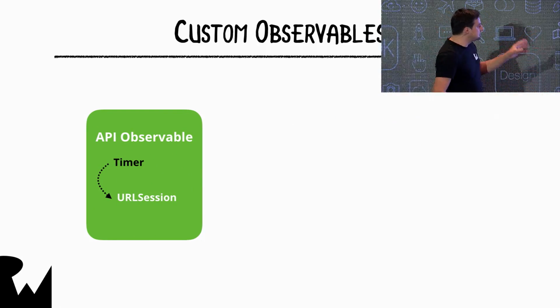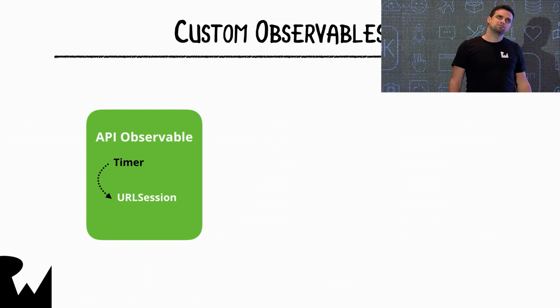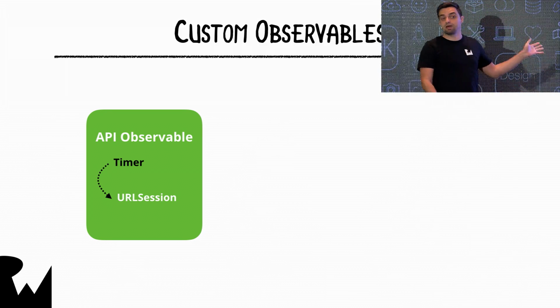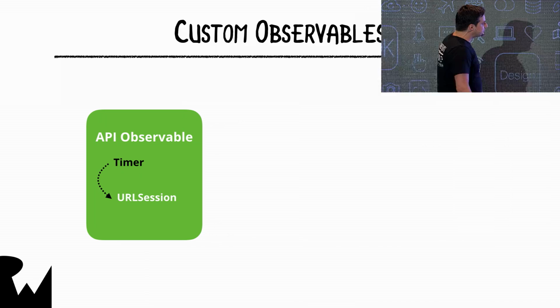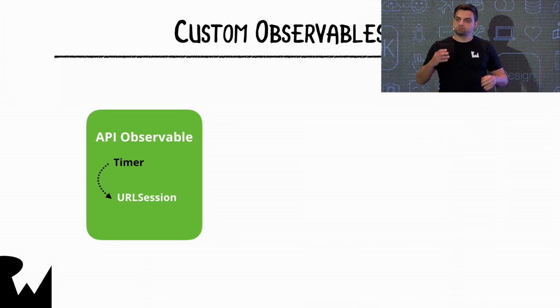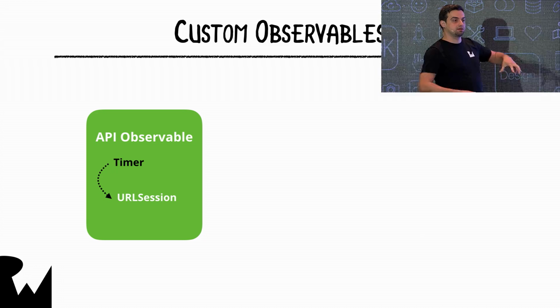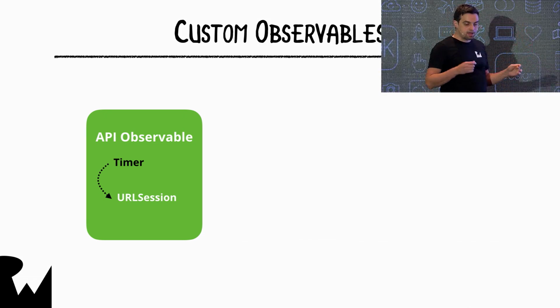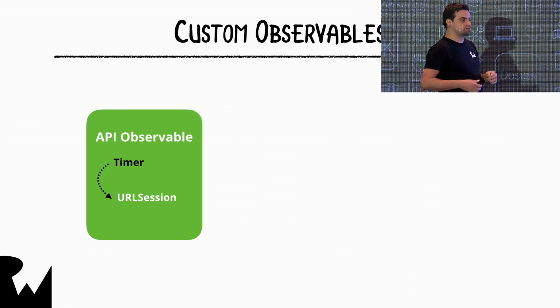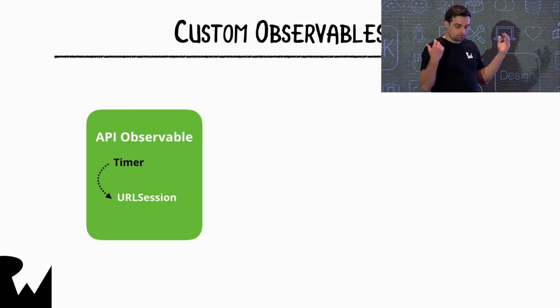And the final thing, which we're not exactly going to do but we're going to have a look at how it's done, since we speak about observables, is how to make a custom observable. We're going to see quickly how to create a new observable of some sort that people can observe.